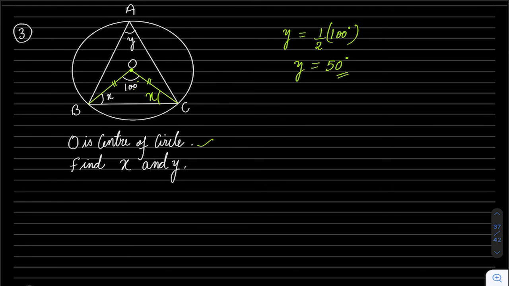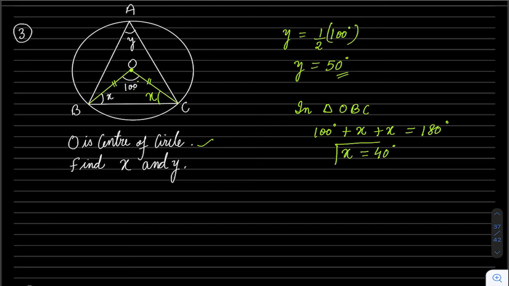Hence, this angle will also be X. So in triangle OBC, 100 degrees plus X plus X should be equal to 180 degrees. My X value comes out to be 40 degrees.